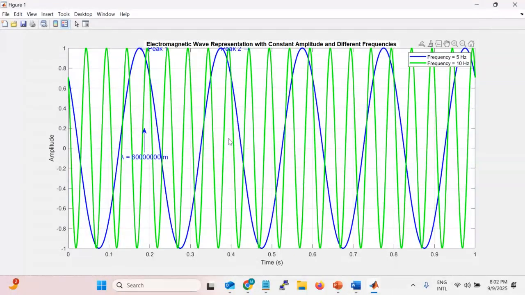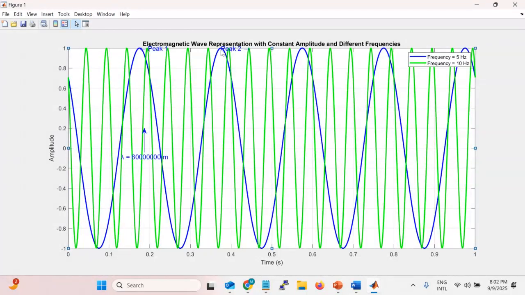But which signal has the highest wavelength, lambda? The blue signal. Why? Because lambda is the physical distance from this peak to this peak, from peak 1 to peak 2. This is the wavelength.